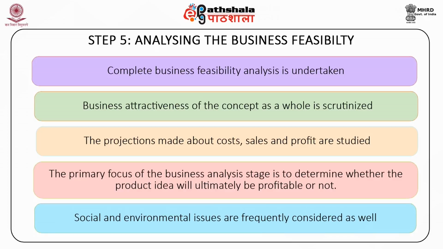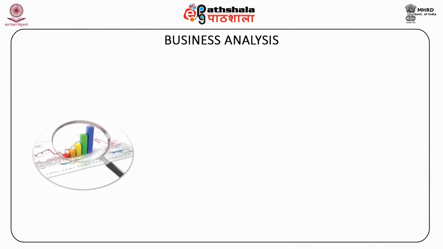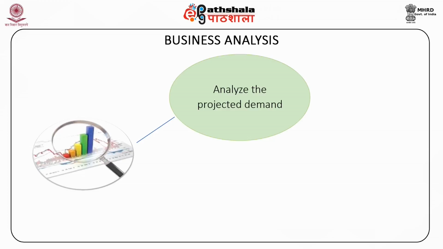Social and environmental issues are frequently considered as well, particularly if there are certain regulations that the companies must adhere to in these realms. The first step in the business analysis process is to examine the projected demand for the product.